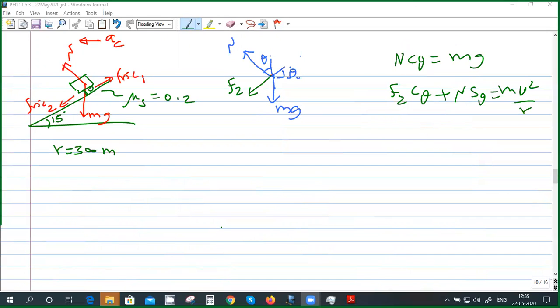Are the equations correct? N cos theta equal to mg, and in the horizontal direction, N sin theta plus F2 cos theta equal to m v square by r. So now we have to find F2, which is mu into N, right?